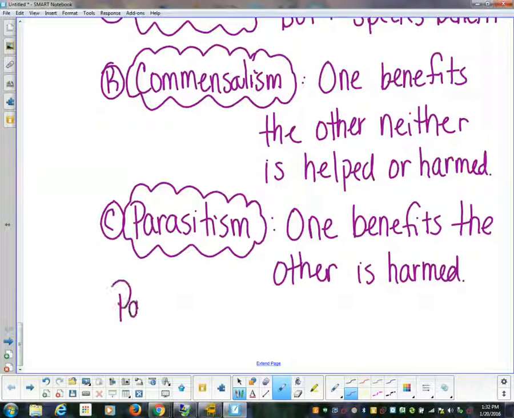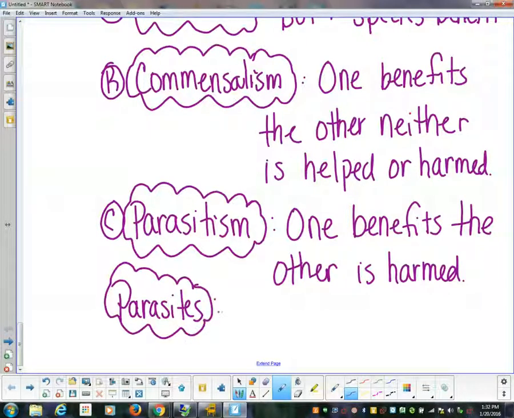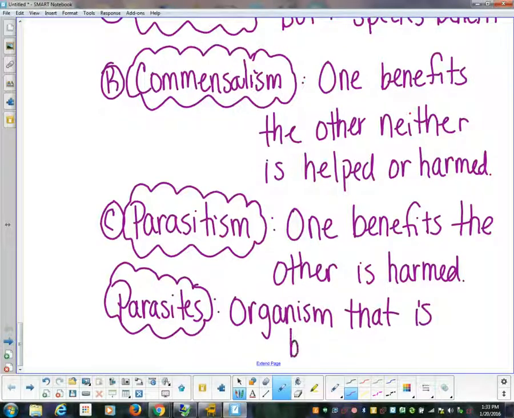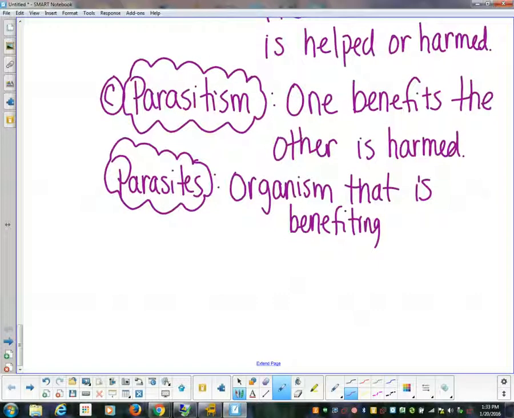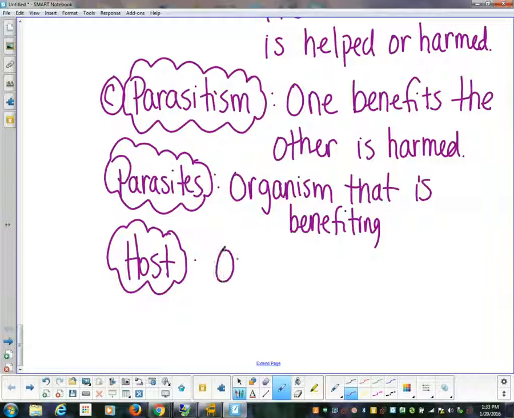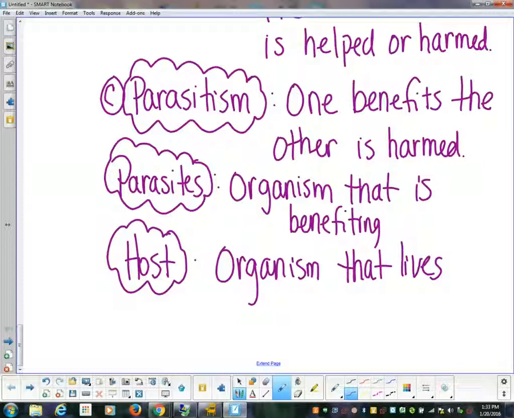And parasites are part of parasitism, and they are the organism that is benefiting, while the host is going to be the organism that, I should say, it lives on or in.